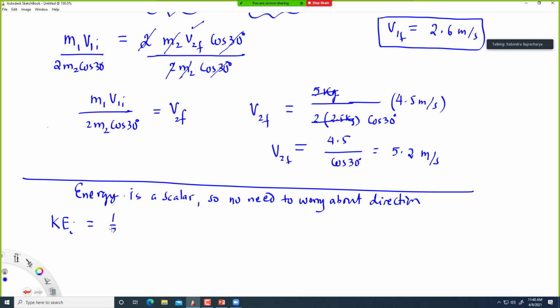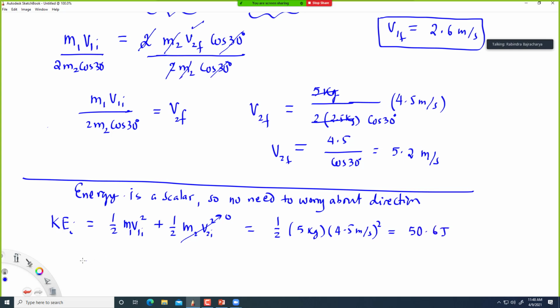So 1/2 m v initial squared, and for mass 2 it is 0 because it's at rest. So 1/2, mass of the first one is 5 kilogram, its initial speed is given, 4.5. So that gives us 50.6 joules.